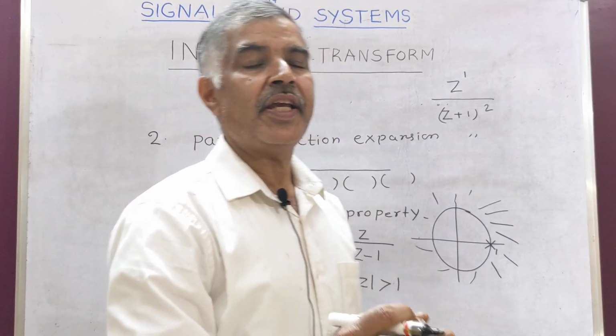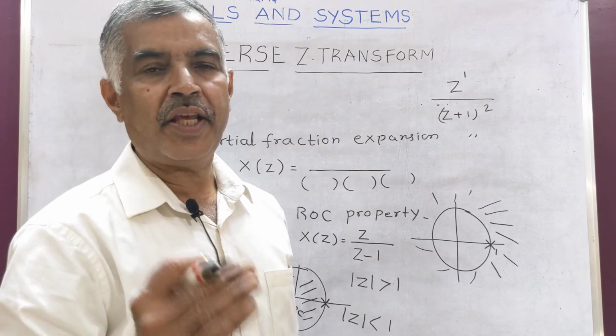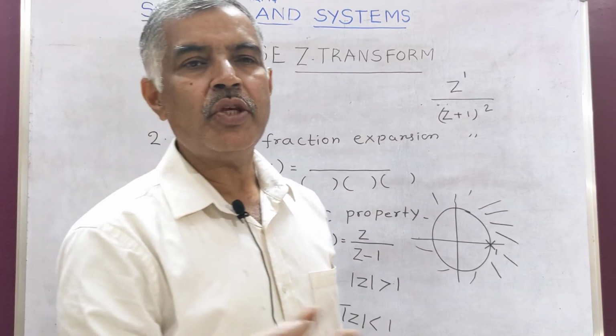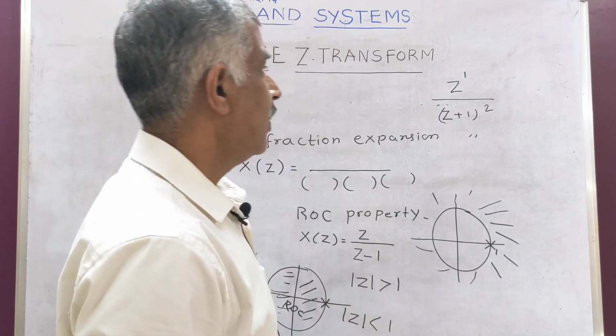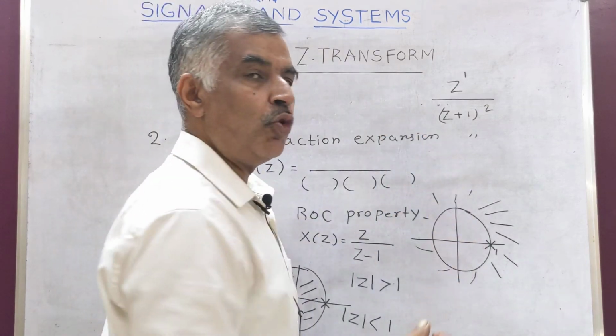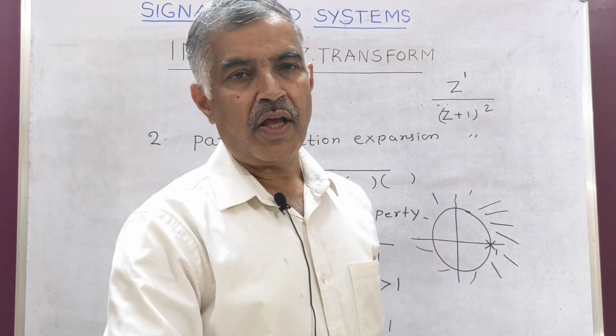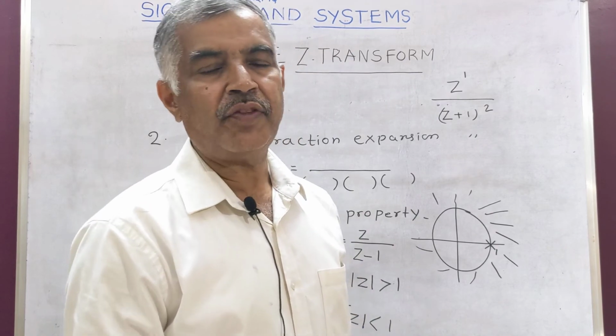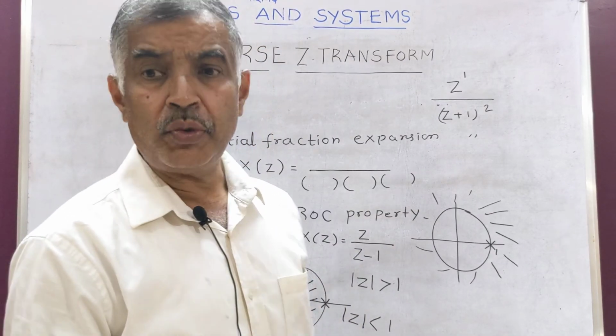Whenever the degree of the denominator is greater than the degree of the numerator, only then can you do partial fractions. If the degree of the numerator is greater than or equal to the degree of the denominator, then we have to do division.